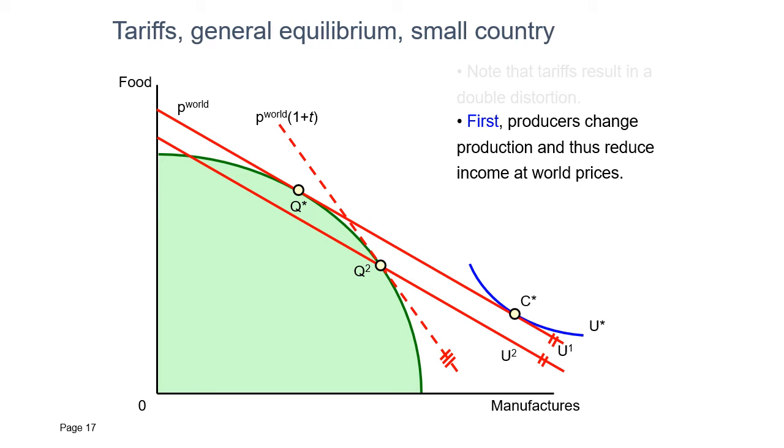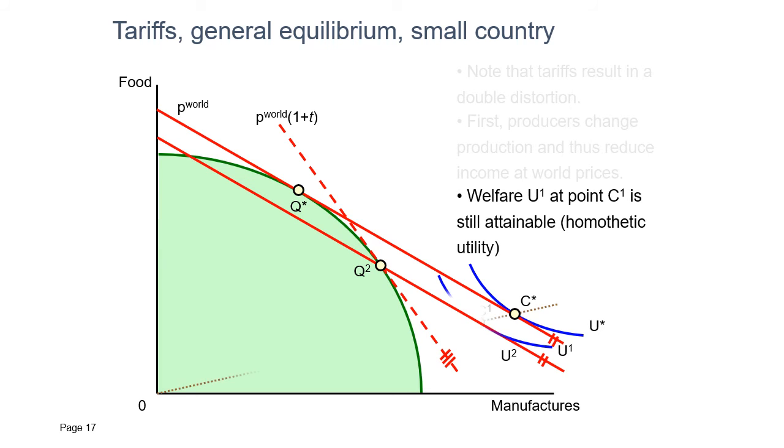So based on that, if we assume nothing has happened in terms of consumption, that the new tariff on world prices has not affected consumption yet, that means if we now consume at the same world price relative line as before the tariffs, we can find ourselves at a point C1. But we need to trace this using our homothetic preferences, right?